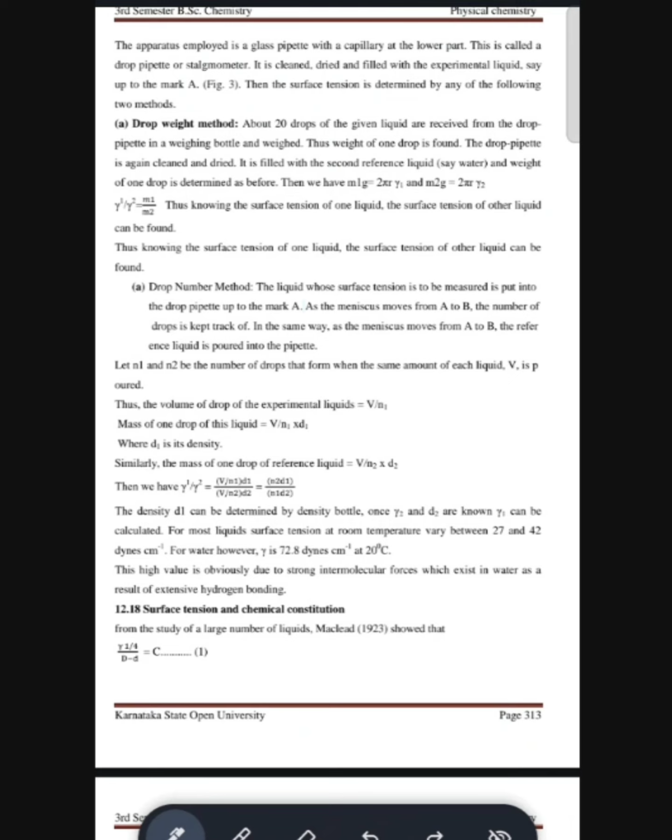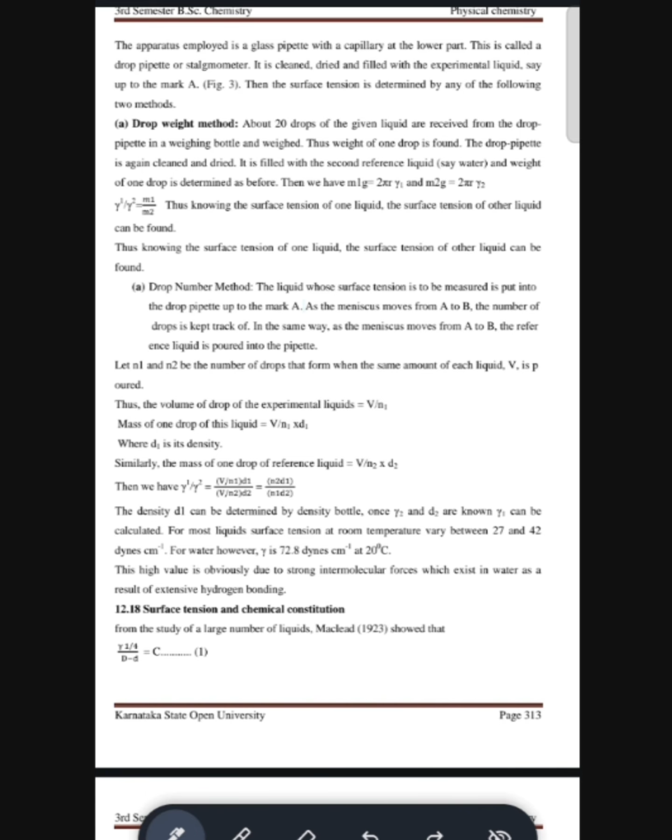Knowing the surface tension of one liquid, the surface tension of the other liquid can be found. So that's why we are taking water as the standard.